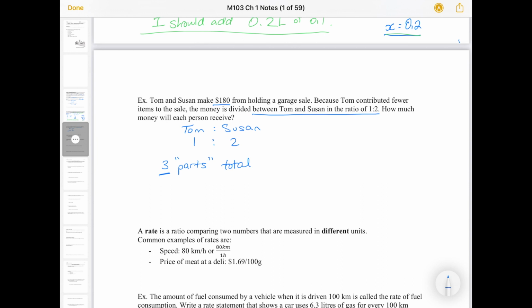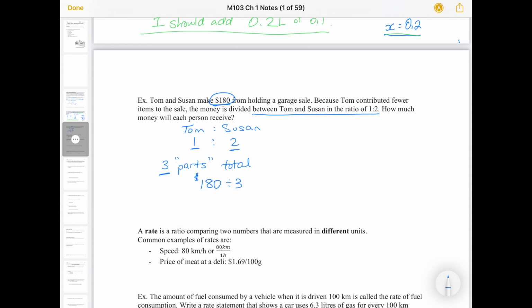So I need to split up this $180 into 3 parts. And I will give 1 of those parts to Tom and 2 of those parts to Susan. So I'm going to look at my $180 and I'm going to divide it by 3.